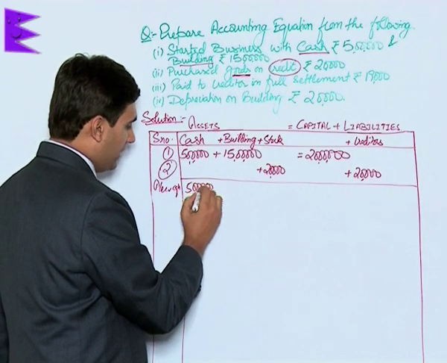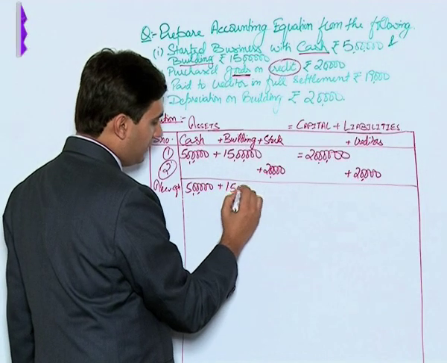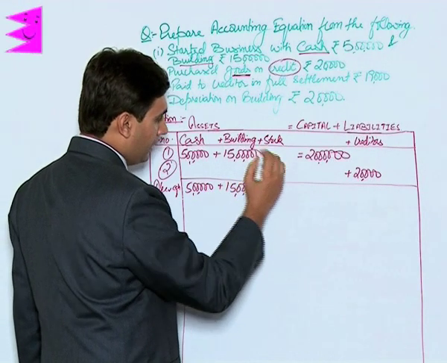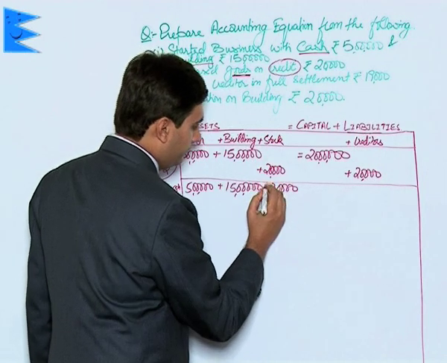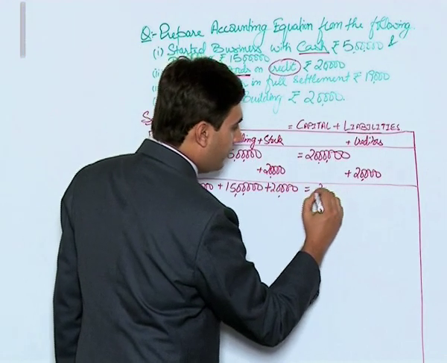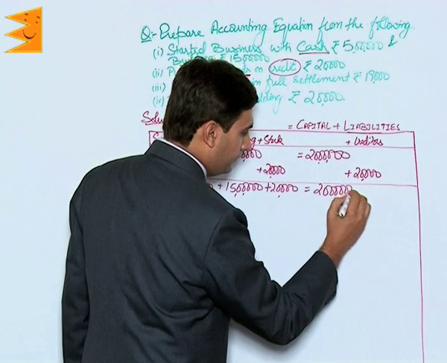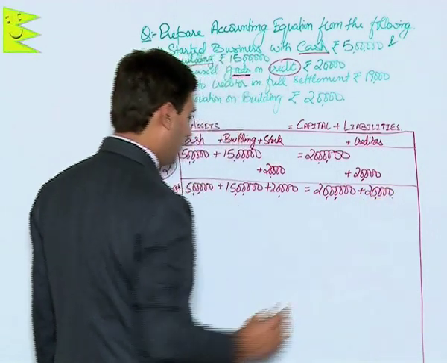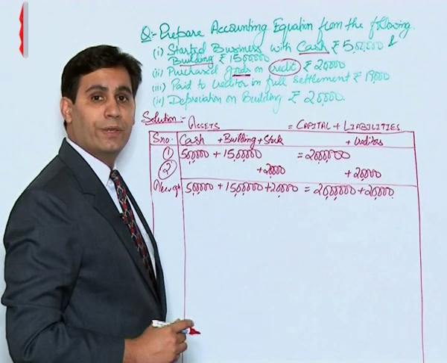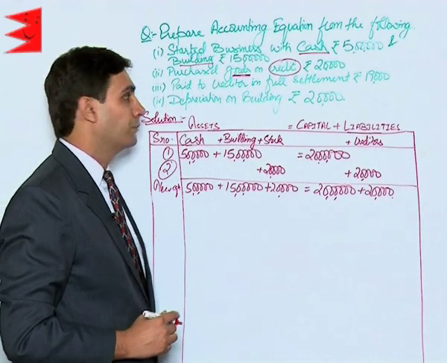We have cash of rupees 5 lakh, building worth rupees 15 lakhs, stock worth rupees 20,000, capital of rupees 20 lakhs and creditors of rupees 20,000. So the total on both the sides is 20 lakh 20,000.